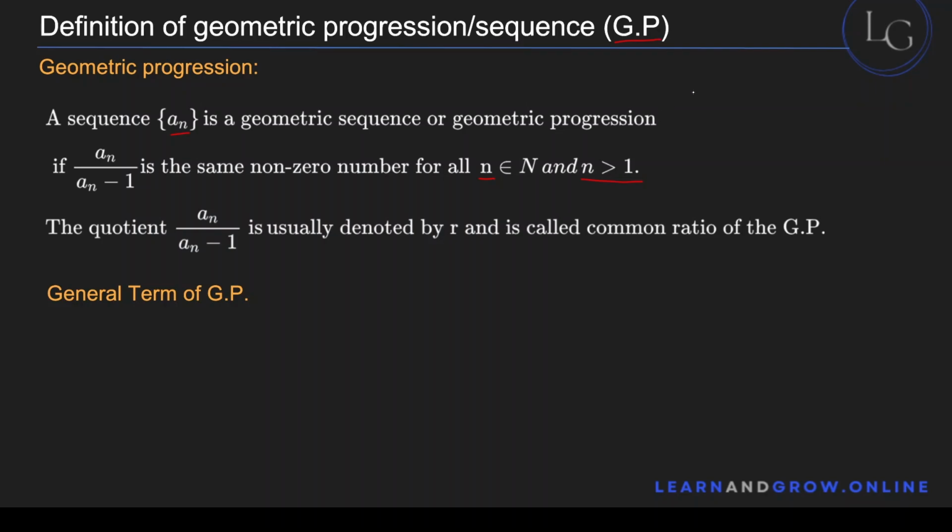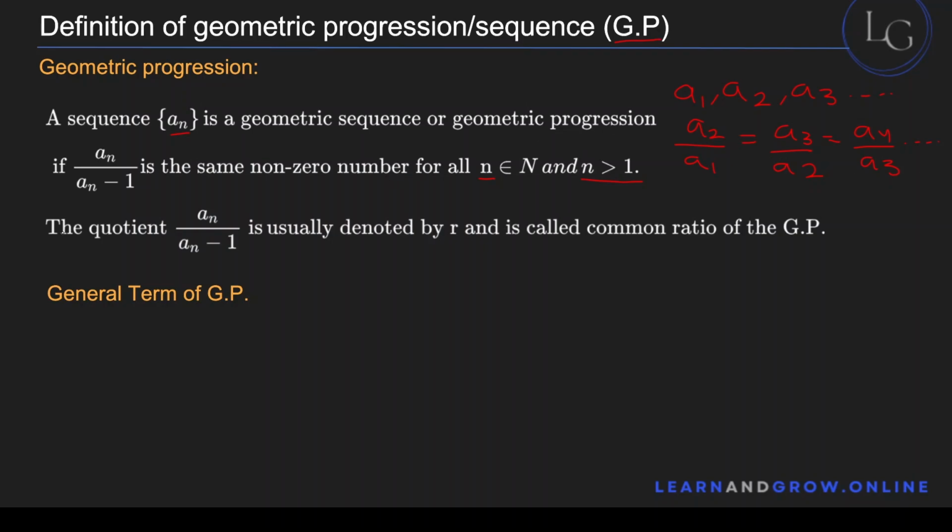So for example, if you have a1, a2 and a3, a2 over a1 is equal to a3 over a2, and if you go on so forth, that means that a4 over a3 and so forth. So the ratio between two consecutive numbers is the same throughout the progression.